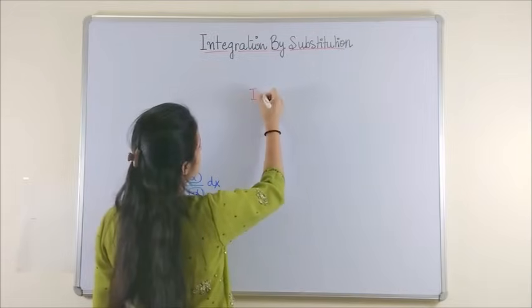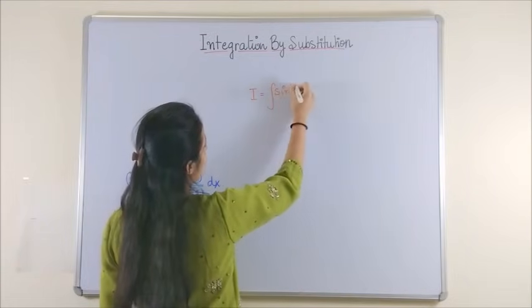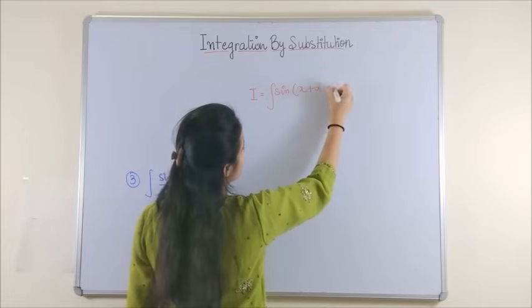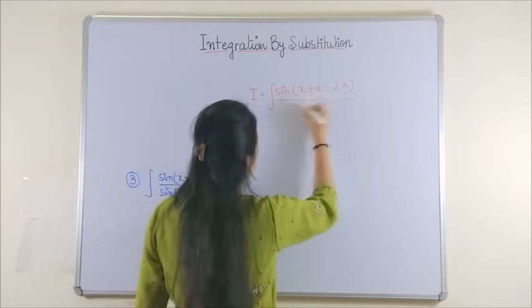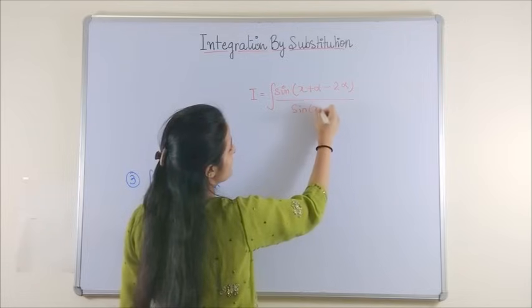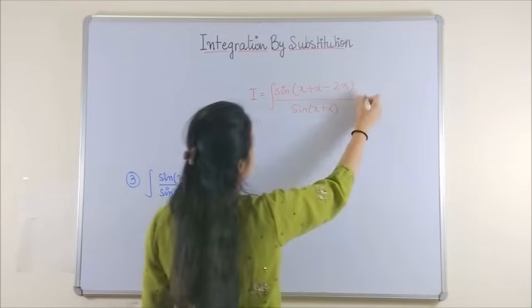So your integral changes to sine of (x plus alpha minus 2 alpha) whole upon sine of (x plus alpha) into dx.